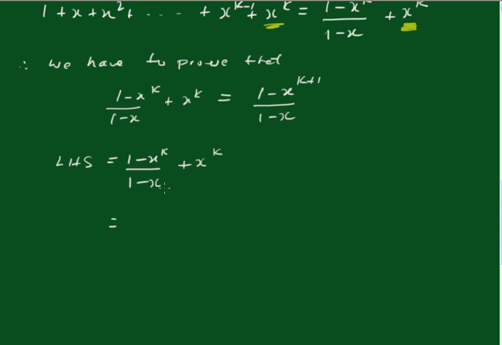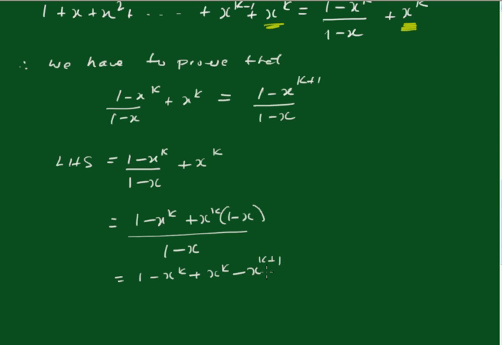Okay, now putting over a common denominator of 1 minus x, we get 1 minus x to the k plus x to the k, 1 minus x, all over 1 minus x, and of course that's equal to 1 minus x to the k plus x to the k minus x to the, add the indices, k plus 1 all over 1 minus x.